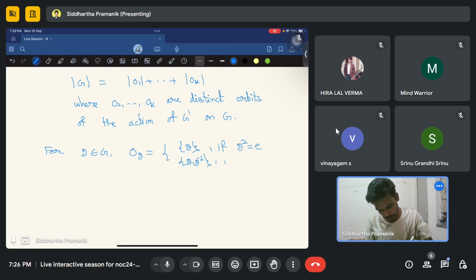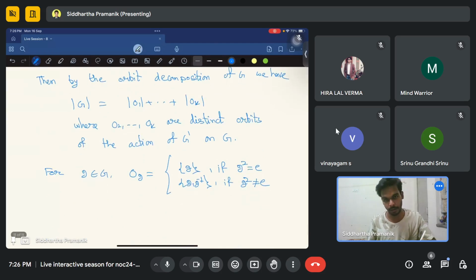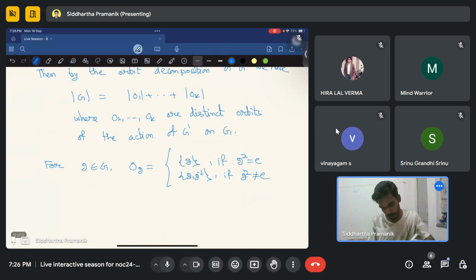You can check it by the definition, or you can go back to the earlier videos and see. So each orbit has cardinality either 1 or 2. So which orbits have cardinality 1? Those elements whose square is the identity.